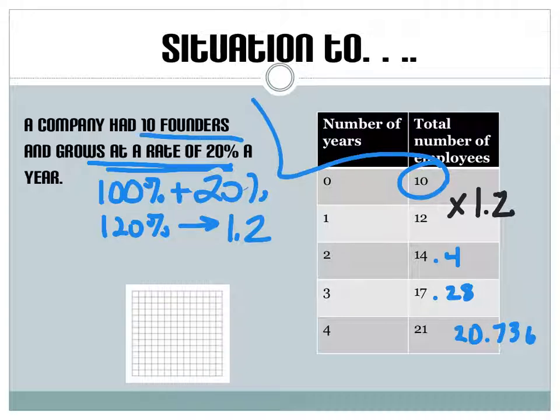Now 14.4 is not an actual person's worth, so we're going to go ahead and leave it at 14 people. We're going to round to the nearest person. Next time we get 17.28, same thing, we're going to keep it at 17. Times 1.2 again, we get 20.736, that's closer to a whole other person, so we're going to round to 21.